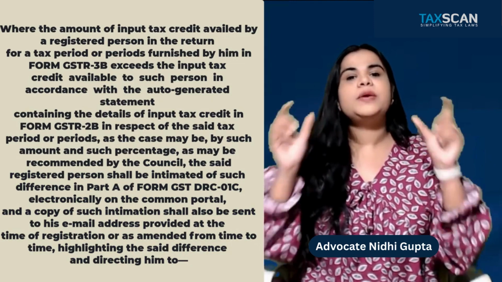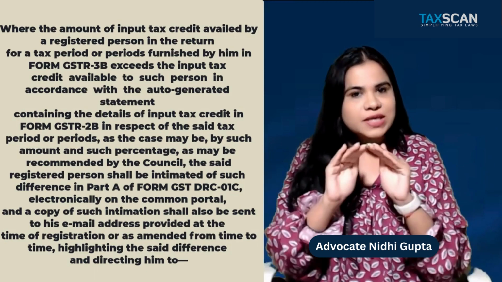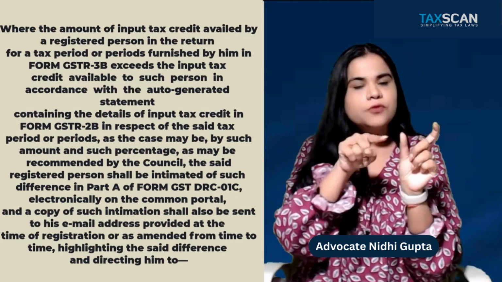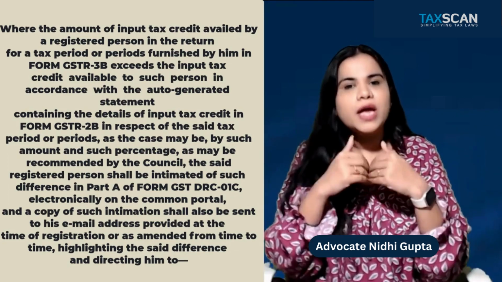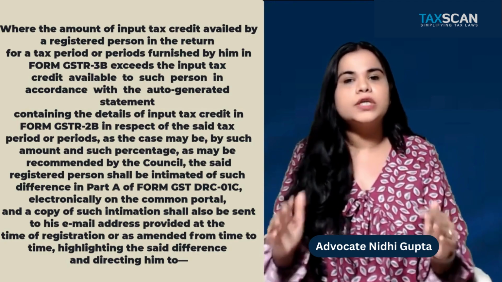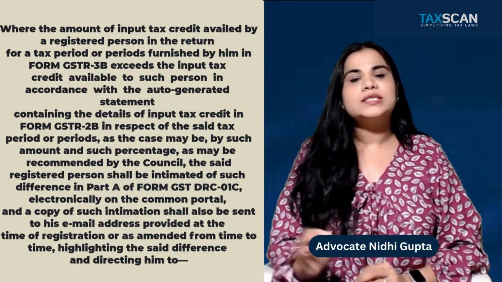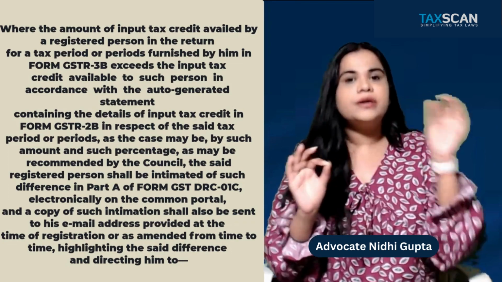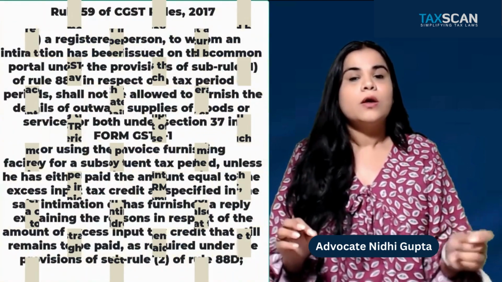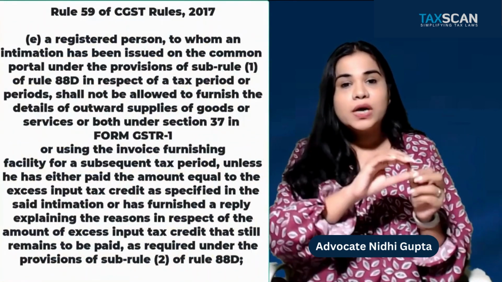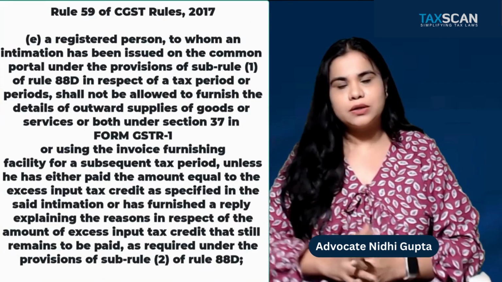Now this intimation would be system generated. There would be no intervention by the proper officers at this stage. As soon as the difference crosses the threshold limit or the period as recommended by the council, every such recipient would be intimated of the difference. And as soon as this intimation is generated for any recipient, such a recipient would be barred from furnishing details of his outward supplies in his GSTR 1 for subsequent periods.